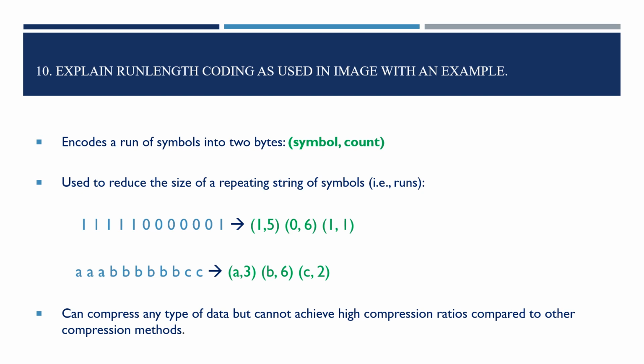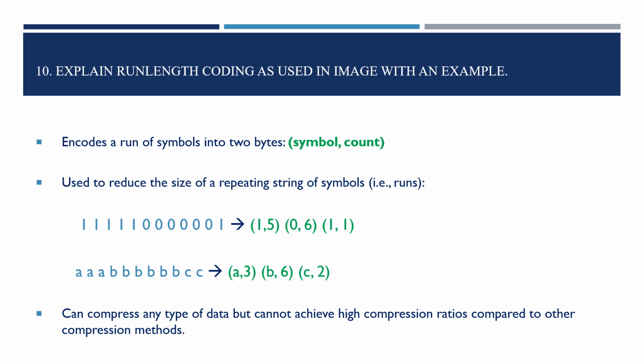When it is compressed, we have the symbol followed by count. Initially there are 5 ones, so it can be written as 1, 5, followed by 6 zeros, which is written as 0, 6. Then an odd one is represented as 1, 1.